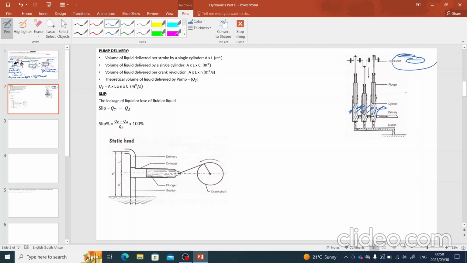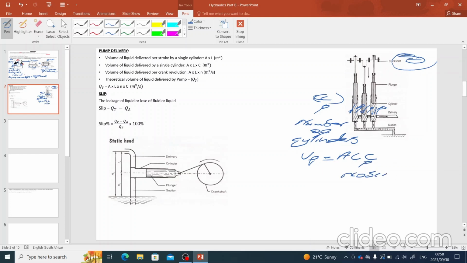And the number of cylinders is denoted as C. In calculating the volume as per the cylinders, VP equals area, stroke length, multiplied by C. C has no SI unit, which means the SI unit would be m cube.